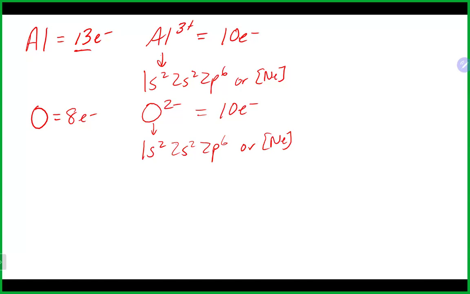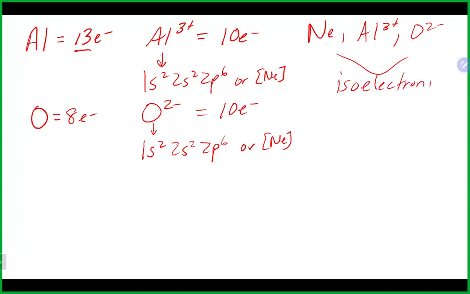All three of those things, neon, aluminum with a +3 charge, and oxide or oxygen with a -2 charge, all have the same electron configuration. That is what is known as being isoelectronic with each other. Isoelectronic are things with the same electron configuration.